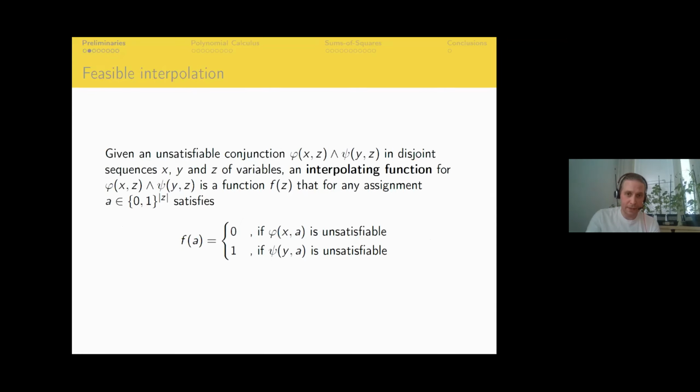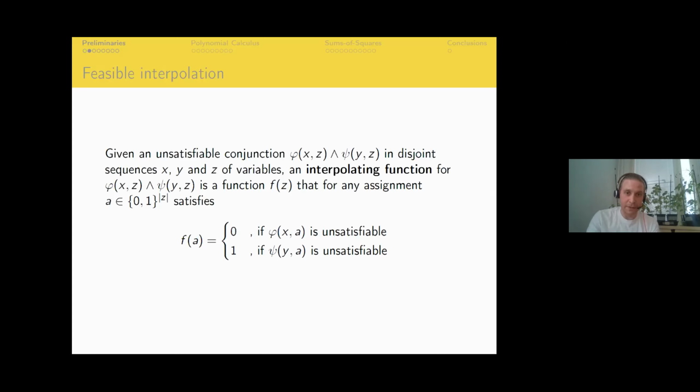So the basic idea is that given an unsatisfiable conjunction where the two conjuncts share some sequence z of common variables, but they have their distinct variables also, an interpolating function is a function that, given an assignment to the z variables, tells whether the left or right hand side is unsatisfiable.